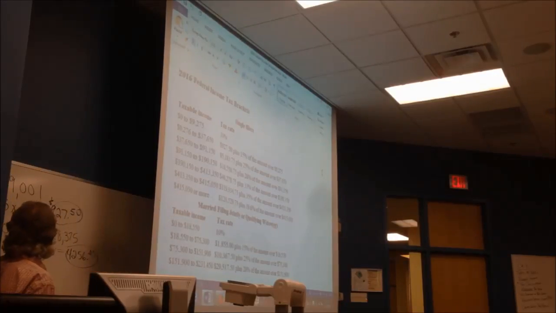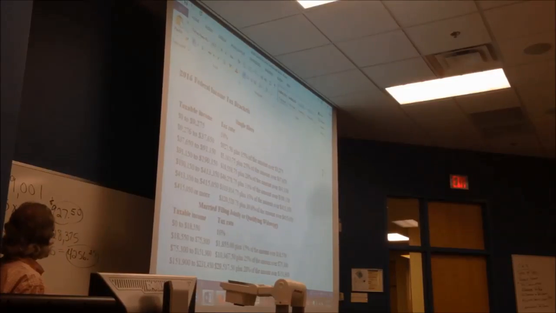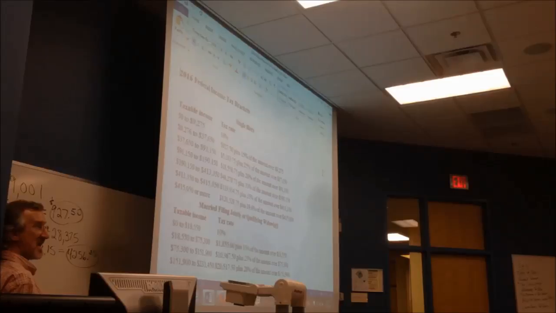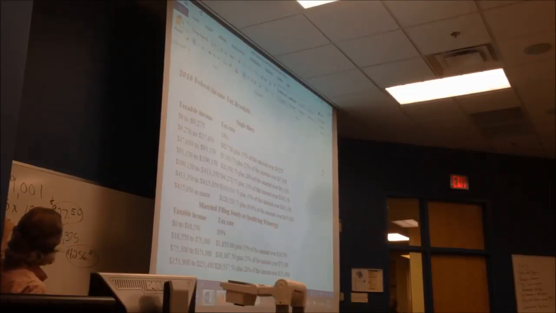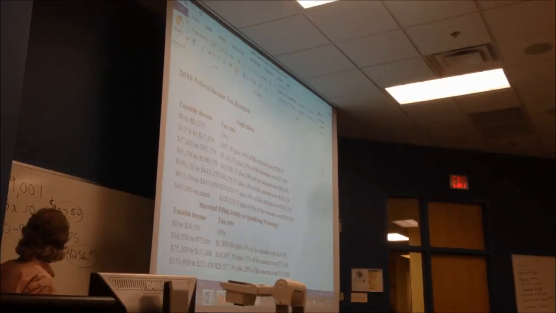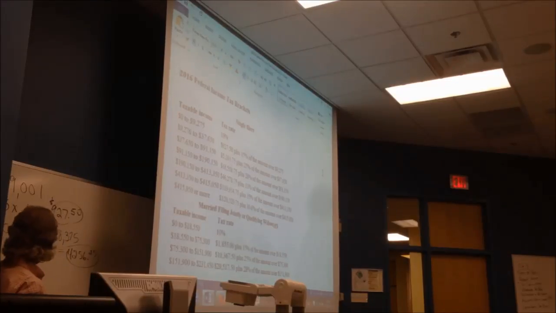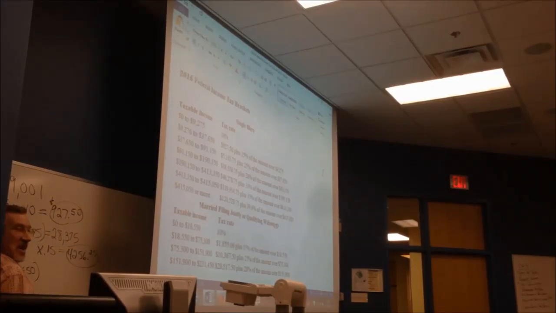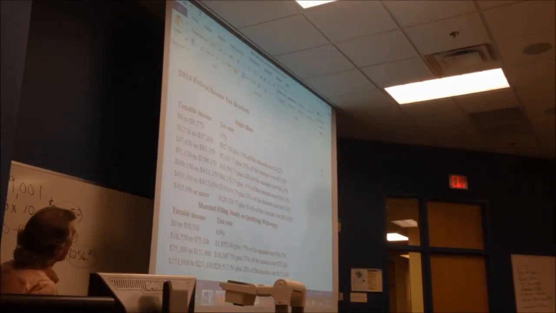So we'll take their income, $39,001, minus all the money that's been taxed already, which is $37,650. If you add that 28,000 plus that 9,000, that's $37,650. This amount has not been taxed yet, and this is the only amount that's going to be taxed at that higher next bracket, 25%.